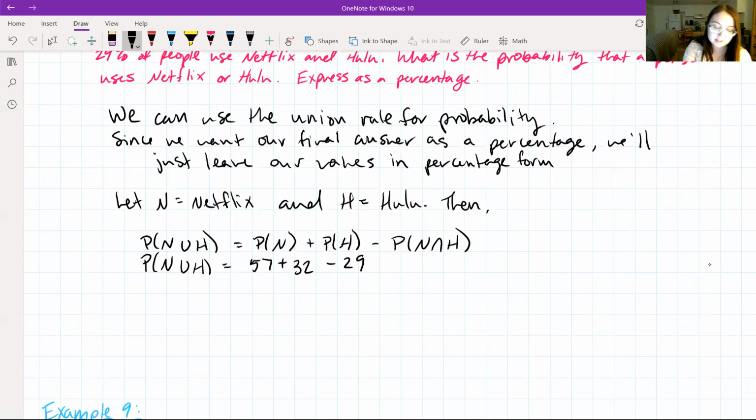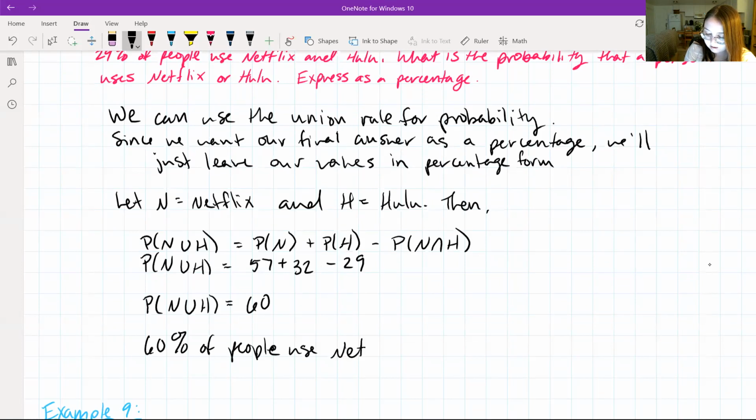Now we can add these values up, and we end up getting that the probability of people using Netflix or Hulu is equal to 60, or 60%, since we know that we left this in percentage form. So we say 60% of people use Netflix or Hulu.